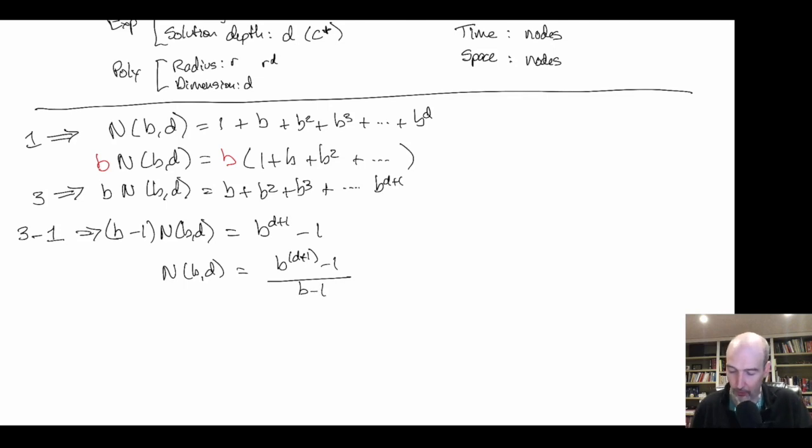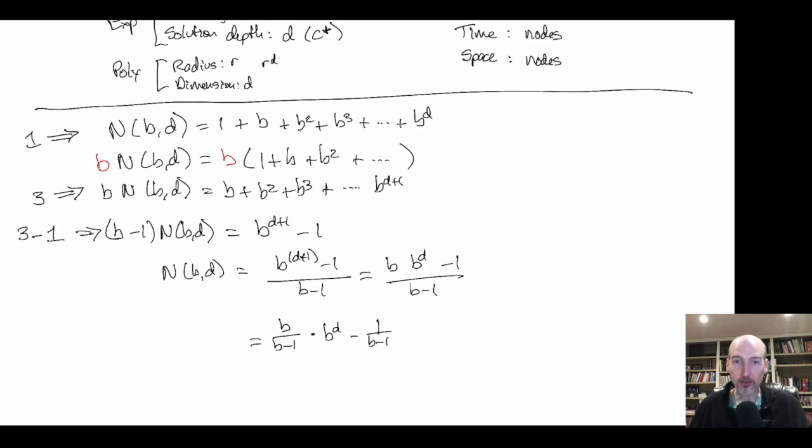And what we notice here is that we can say this is equal to, taking the term d plus 1, we take one of the b's out of there. So we get b times b to the d minus 1 over b minus 1. In the end, that is b over b minus 1 times b to the d minus 1 over b minus 1.